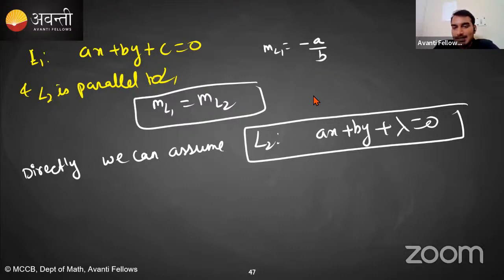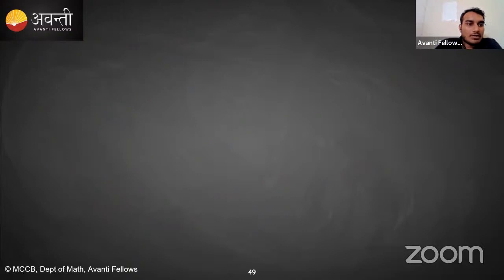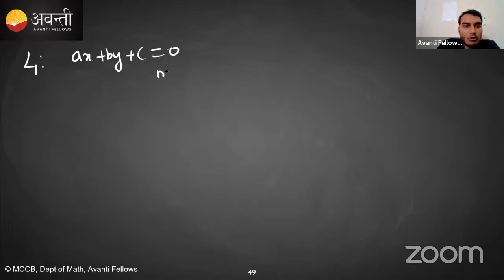Okay. So similarly, if the lines are perpendicular, and I say that L1 is ax plus by plus c is equal to 0, then the slope m1 is minus a upon b. The L2 line is perpendicular to L1.